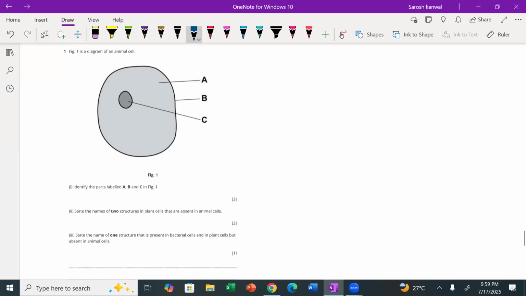Yeah, B is cell membrane, C is the nucleus, and A is the cytoplasm. So in these two, yes, ma'am. Okay, now the next question is for Laiba.